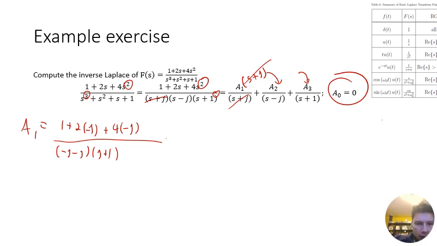And so that's going to give us, well, this is negative 4, so it's a squared, sorry. Negative 4 plus 1, that's negative 3, plus 2 minus 2j, divided by negative 2j, and then j plus 1.